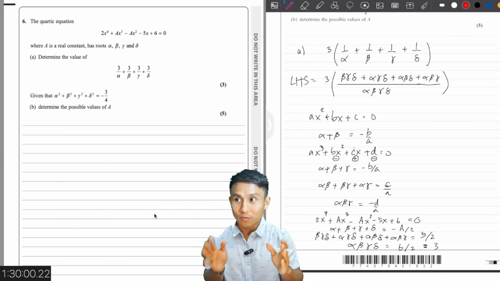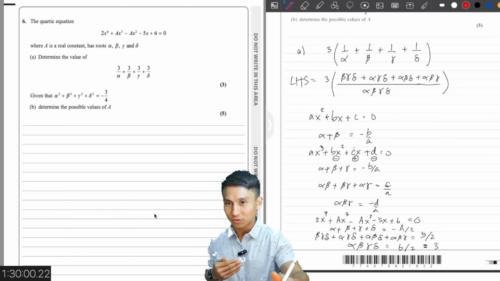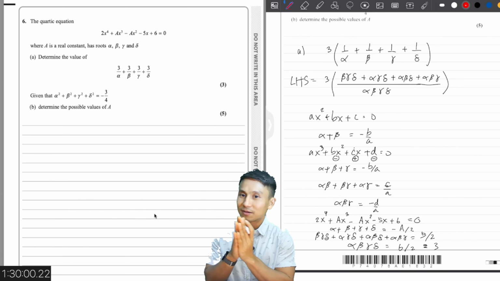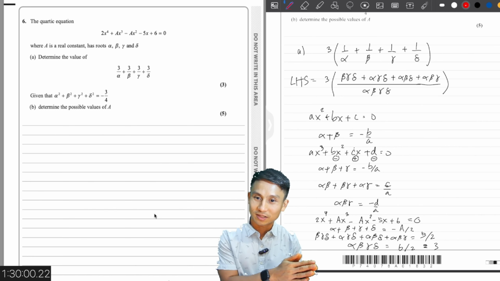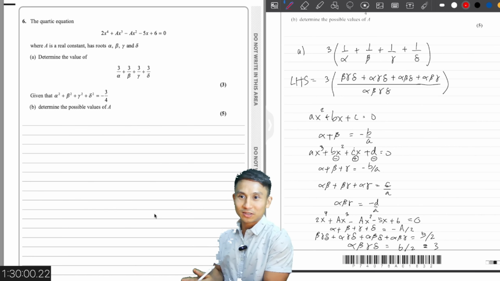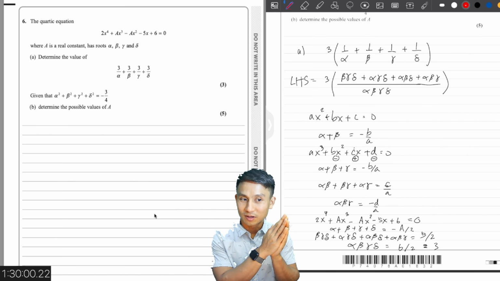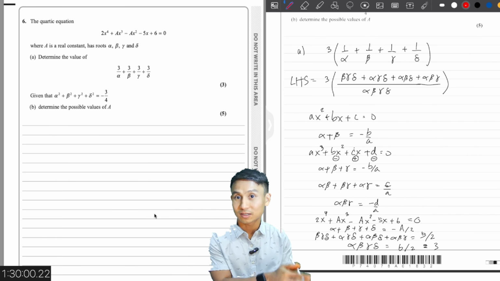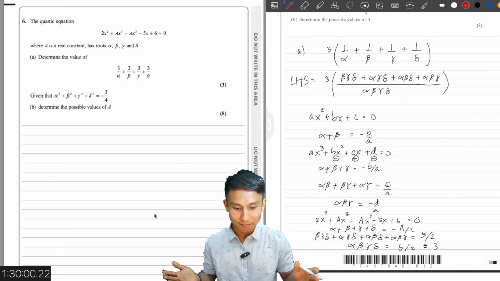So make sure you go back to that question because I think I explained it clearly, like how you go from quadratic and you look at the sum of roots and product of roots. When it's cubic, you're going to have sum of roots and sum of products of two roots, so it's alpha beta, alpha gamma, beta gamma added up.